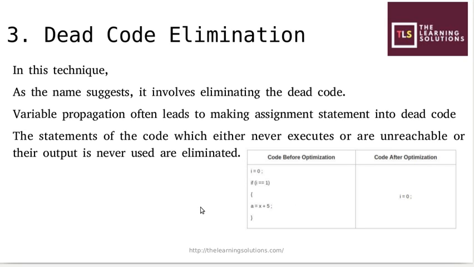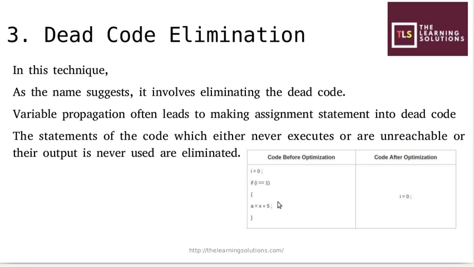So let us see an example. Code before optimization: i equal to 0, if i equal to 1, a equal to x plus 5. So you have initialized i equal to 0 and you are checking the condition with i equal to 1. So ultimately this statement is never going to execute, because the value of i is 0, and 0 equal to 1 is false.